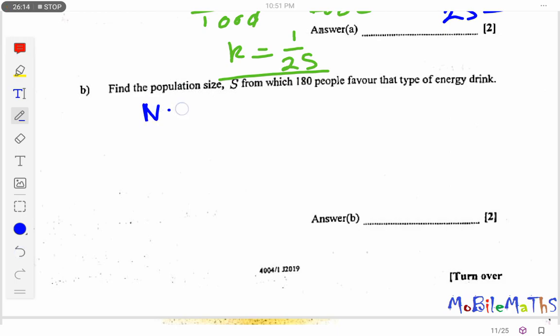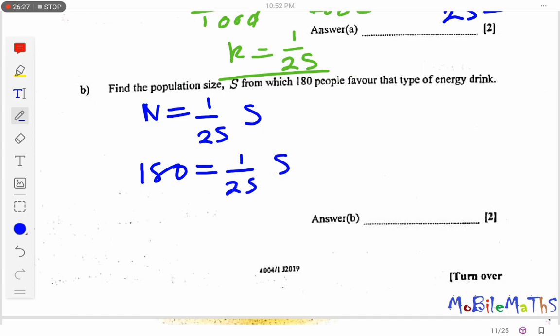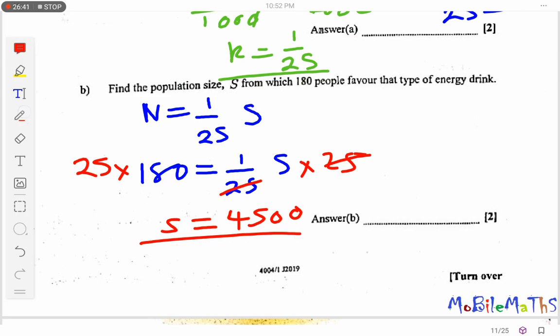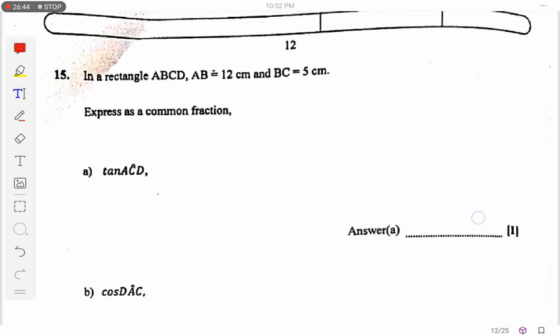We said n is equal to 1 over 25 s, so 180 is equal to 1 over 25 s. We can multiply both sides by 25, and these cancel off each other. We get s is equal to 25 times 180, which is 4500 there. That's our s. Okay, let's move on.